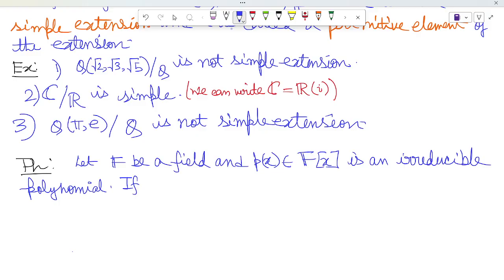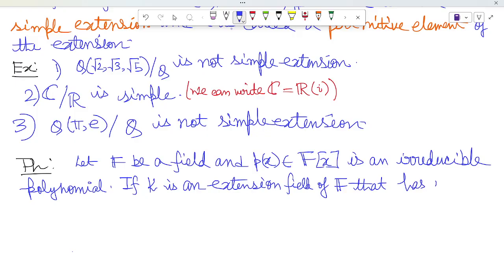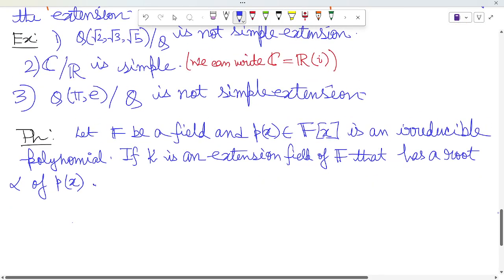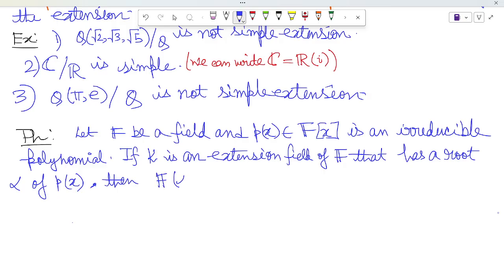If K is an extension field of F that has a root alpha of p(x), then F(alpha) will be isomorphic to F[x] mod p(x). That is my claim here.